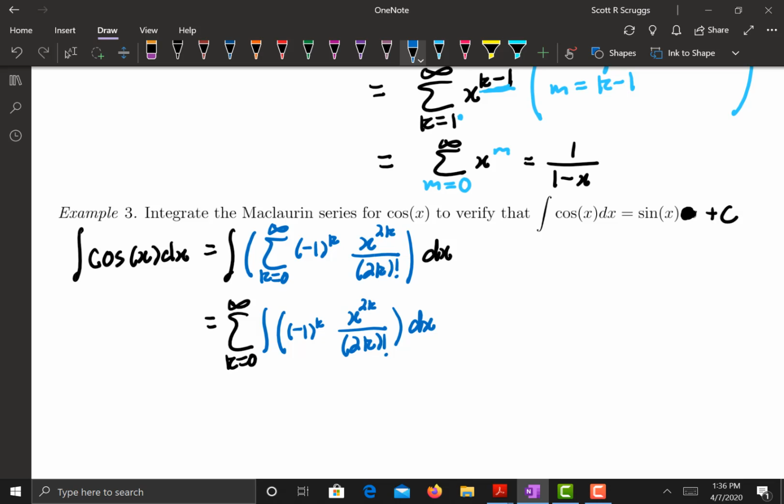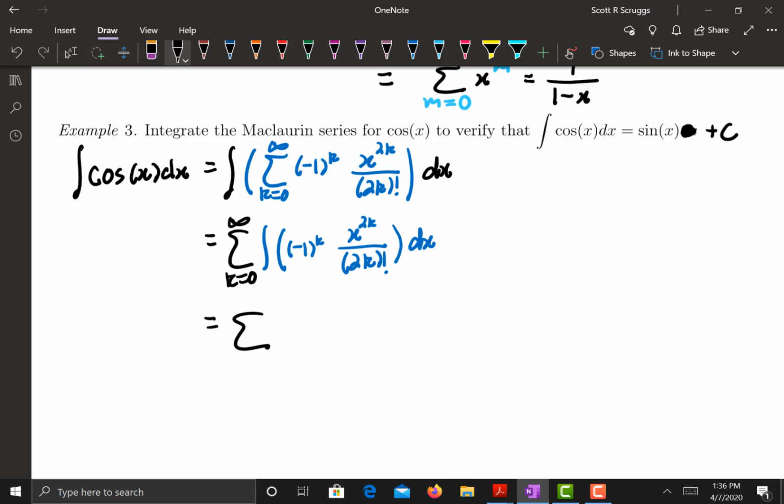Negative 1 to the k and the 2k factorial are constants with respect to x, which means I'm only taking the integral of x to the 2k, which when I do that, I get the sum from k starting at 0 to infinity of negative 1 to the kth power times x to the 2k plus 1 divided by 2k plus 1 times 2k factorial, and then there's a plus c on the side.